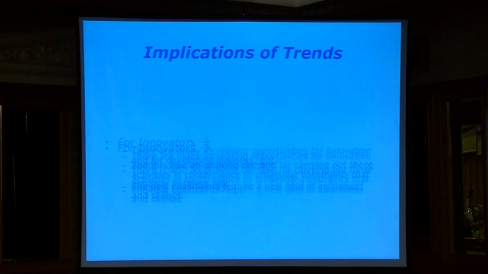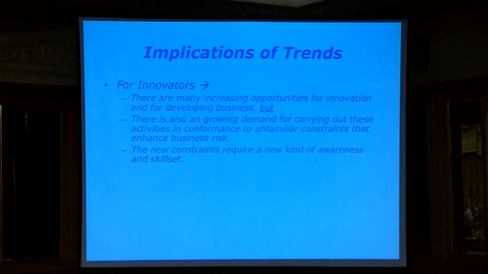And now the implications of all this for innovators. There are many increasing opportunities for innovation and for developing business, but there's also a growing demand for carrying out these activities in conformance to unfamiliar constraints that enhance business risk. And these new constraints require a new set of awareness and a new skill set.